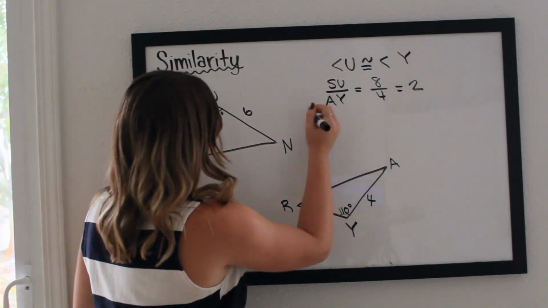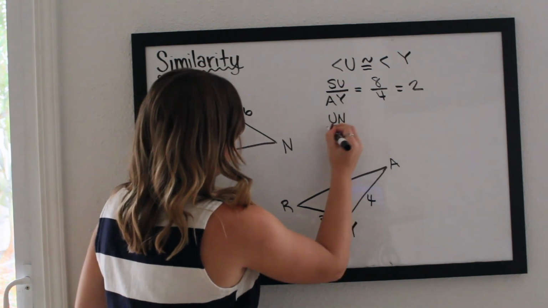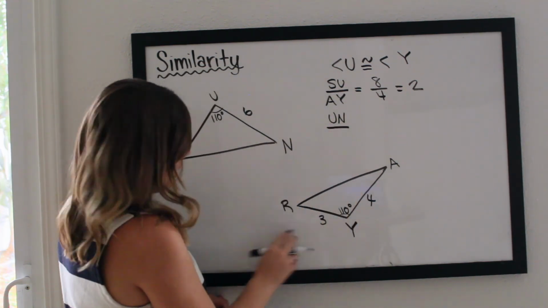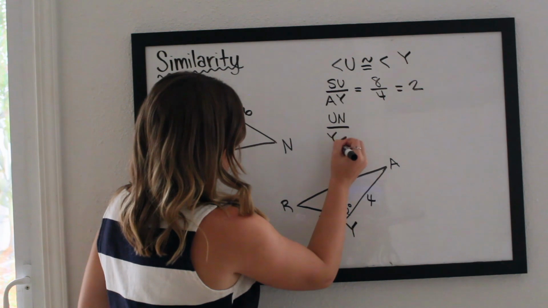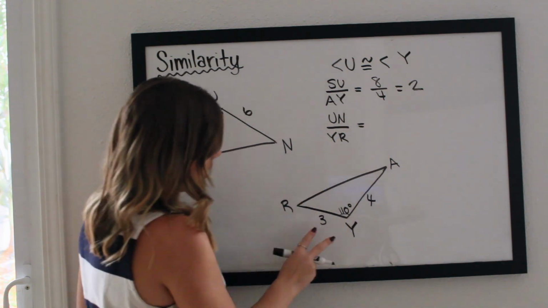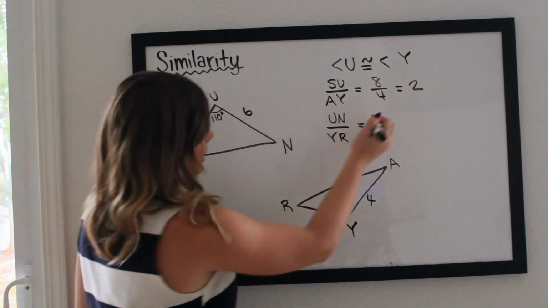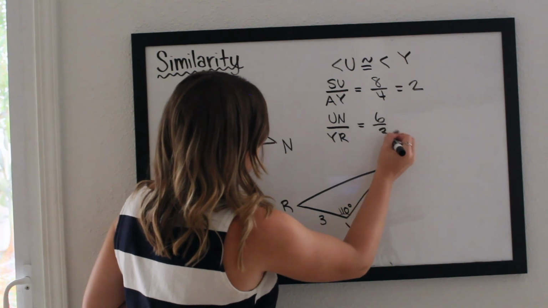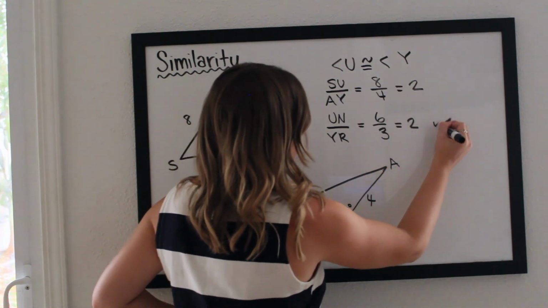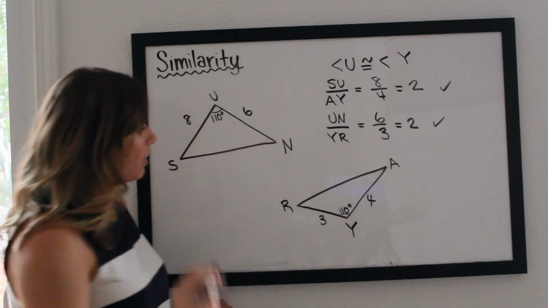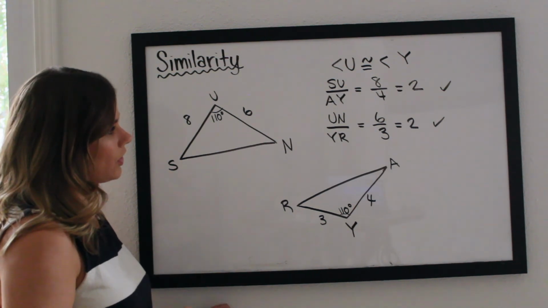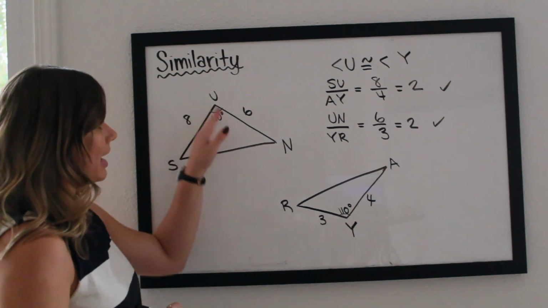So I'm going to say UN over YR, which equals 6 over 3, which is 2. These are the same, so it means that these triangles are going to be similar by SAS.